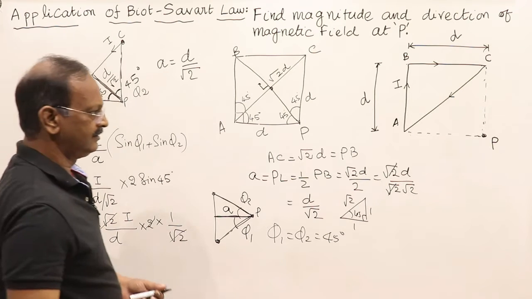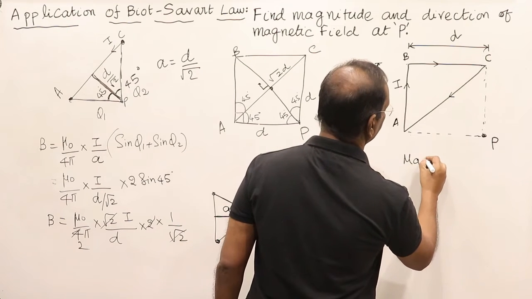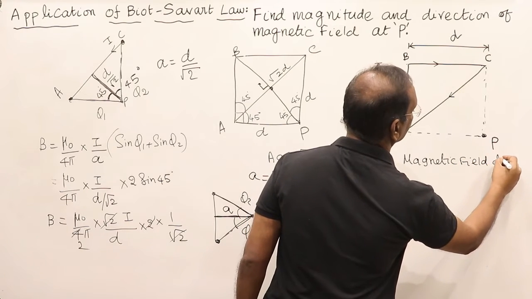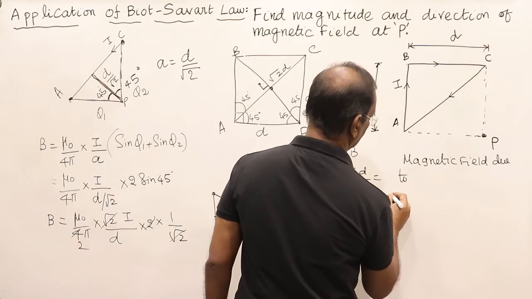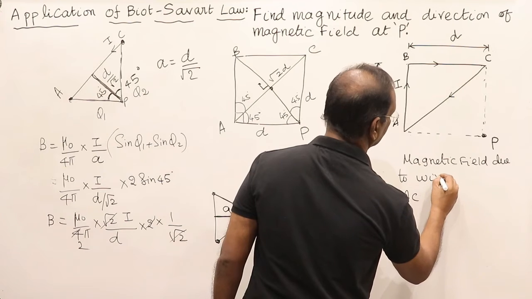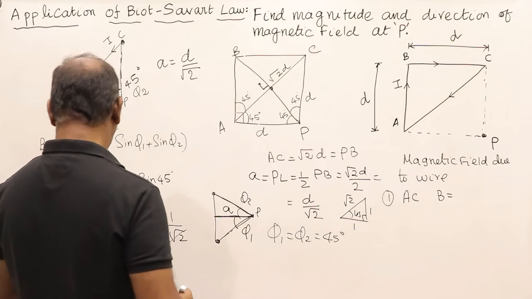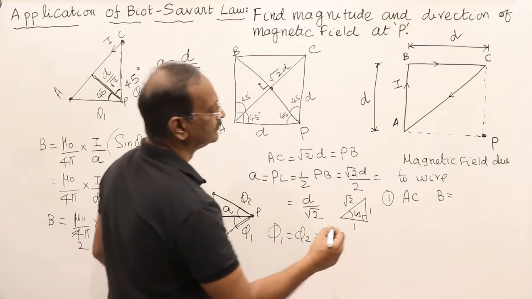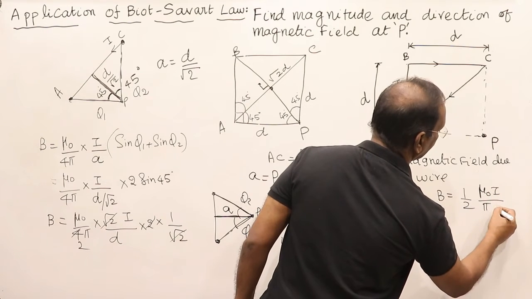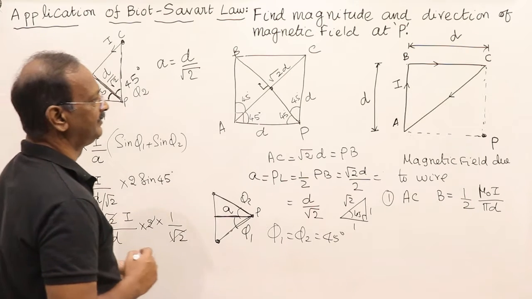So the magnetic field due to the wire AC is B equal to mu naught by pi d, so this will become 1 by 2 mu naught I divided by pi into d. So this is the magnetic field produced.